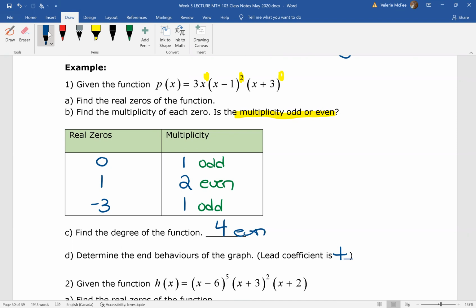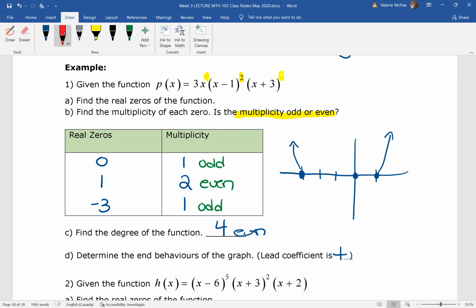Think about what we all know so far. We have real zeros, or x-intercepts, at 0, at 1, and at -3. And the end behaviors, because this is even and positive, we know that both ends are going to rise.